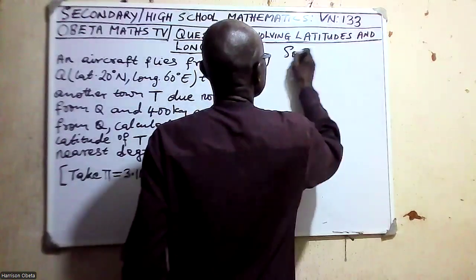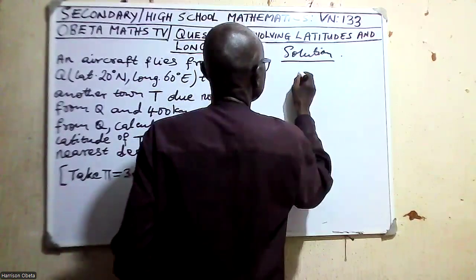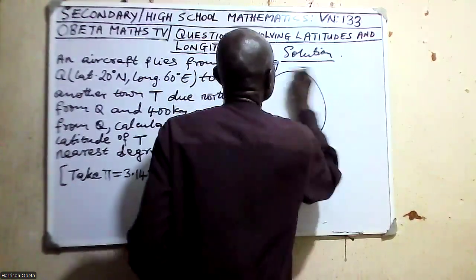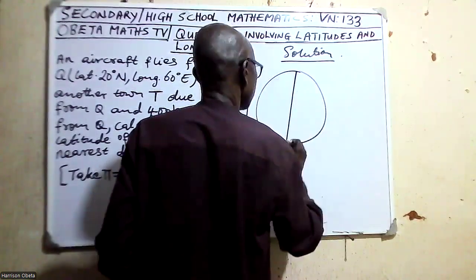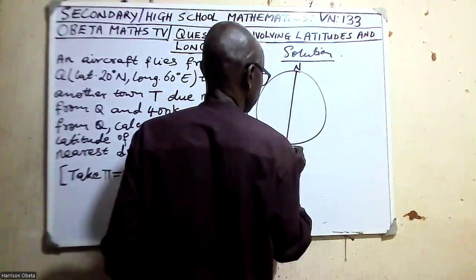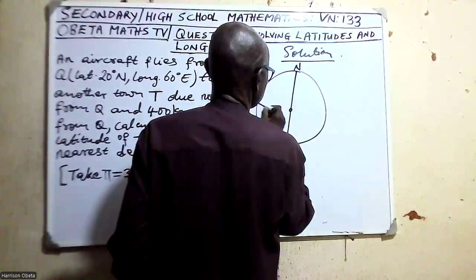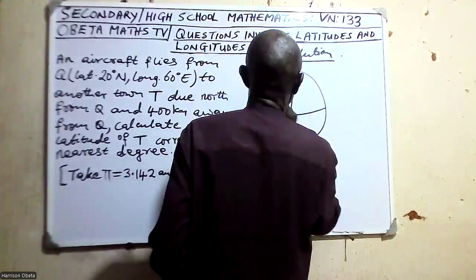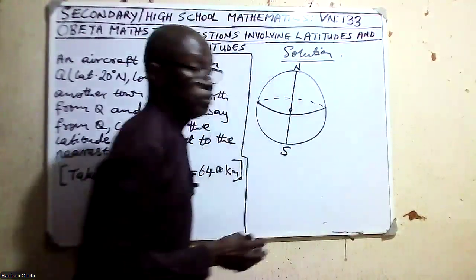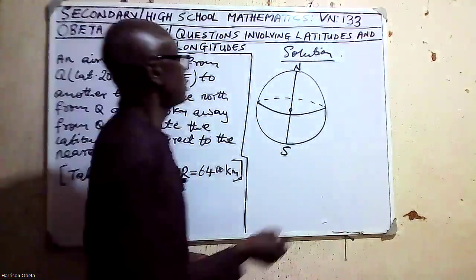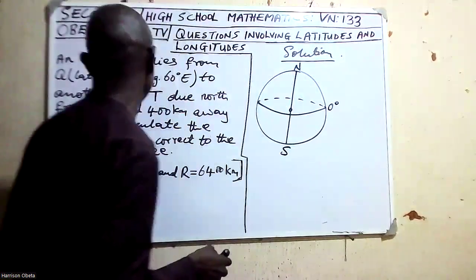Solution. Okay, this is our globe, and this is latitude 0 degree.